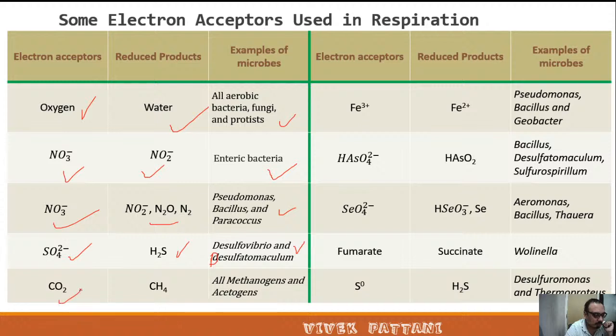Next one is carbon dioxide, which will be converted into methane. This process occurs under anaerobic conditions in methanogens and acetogens. These methanogens are those bacteria which produce methane. Next one is where Fe3+ will be converted into Fe2+. Examples of the bacteria are Pseudomonas, Bacillus and Geobacter.